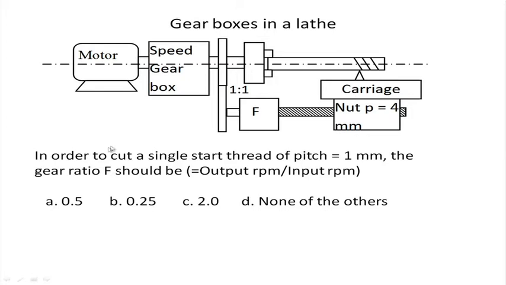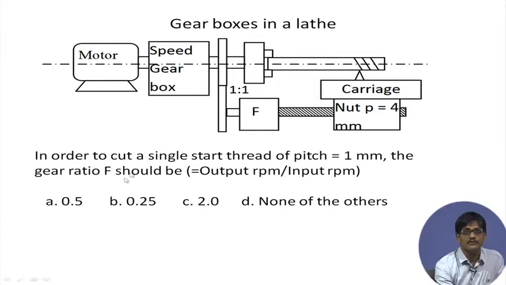The gear ratio F should be, that is output RPM by input RPM, equal to these. So, let us have a look. The nut is having 4 millimeters pitch. Here there is a 1:1 ratio. So, by the time the spindle rotates once, this particular shaft will also rotate once.